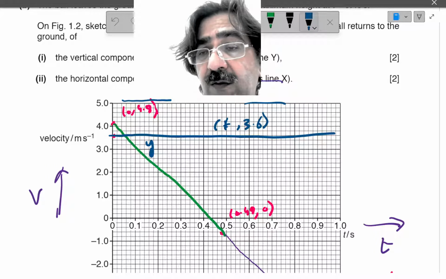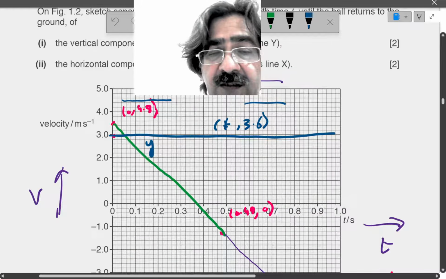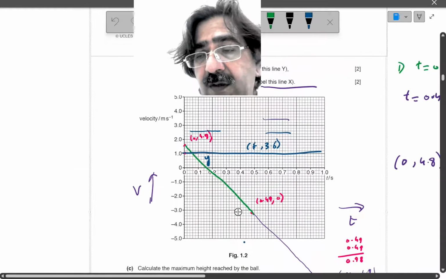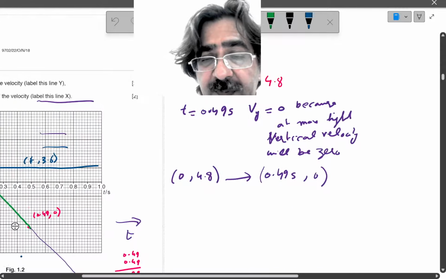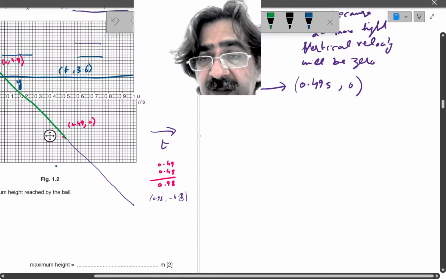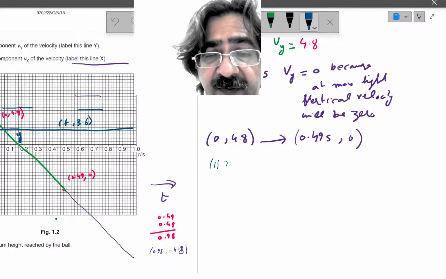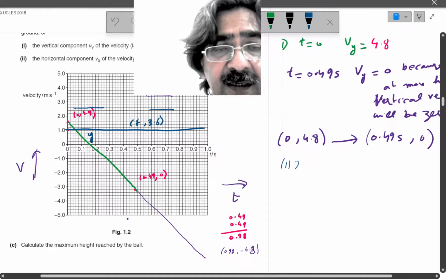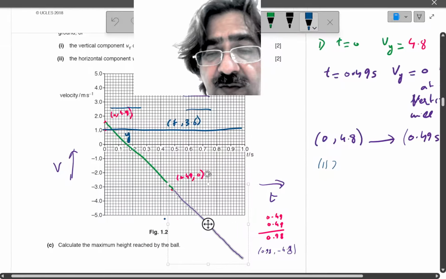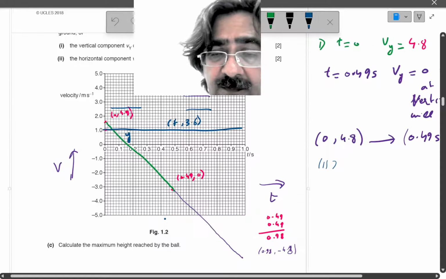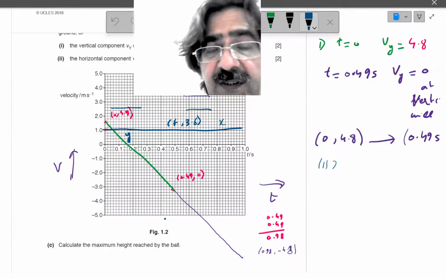So this will be your required result, and that will be the graph for part 2. Since it said that it must be labeled with the x, I must label it with the x.